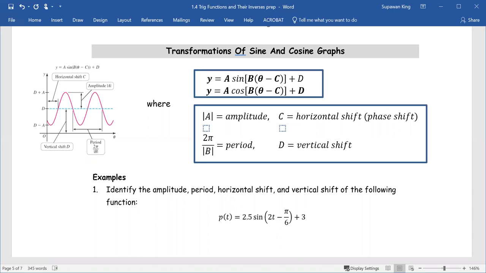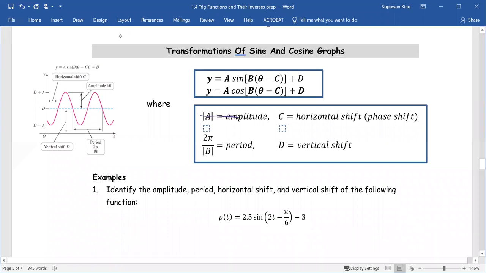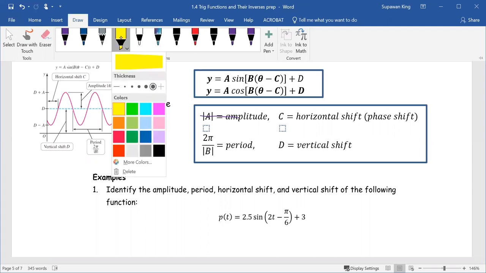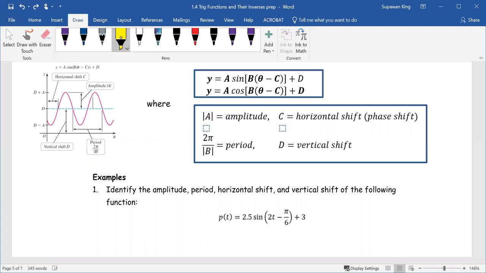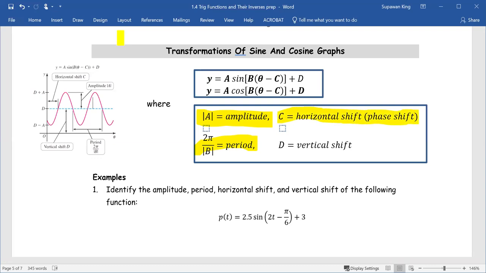Absolute value of A represents the amplitude of the graph. Two pi over B will give you the period of that graph. C tells you about the horizontal shift, also called the phase shift. D tells you the vertical shift.